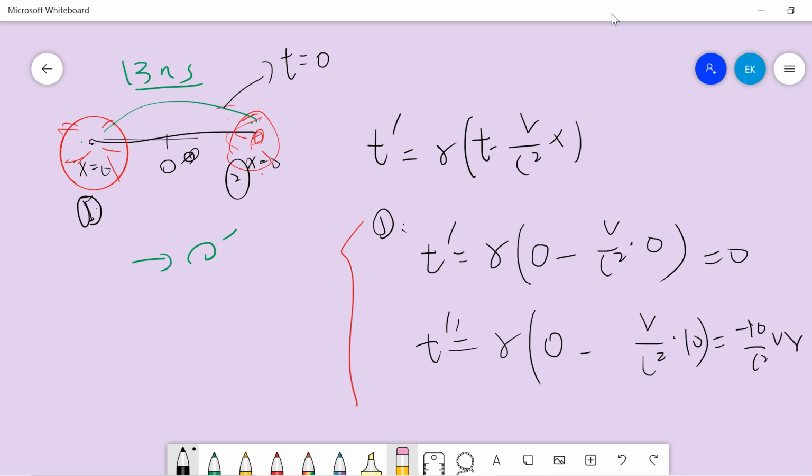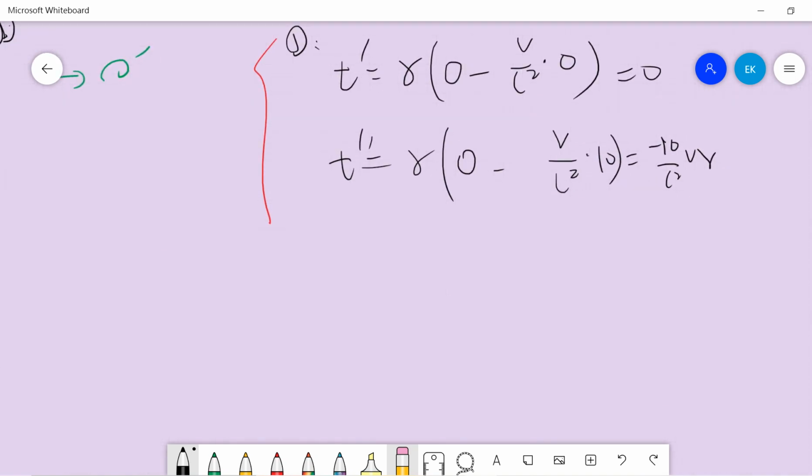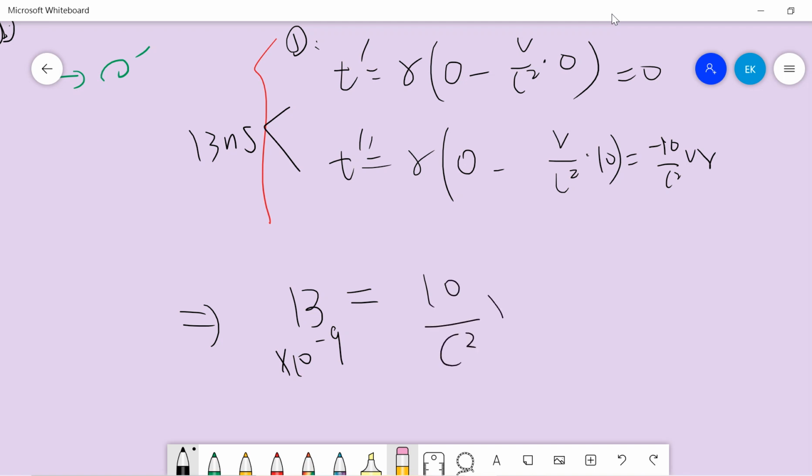But somebody tells you that the t prime and t differ by around 13 nanoseconds. So this tells you that the 13 nanoseconds is x divided by c squared times v times gamma. By the way, this gamma is 1 over the square root of 1 minus v squared over c squared.